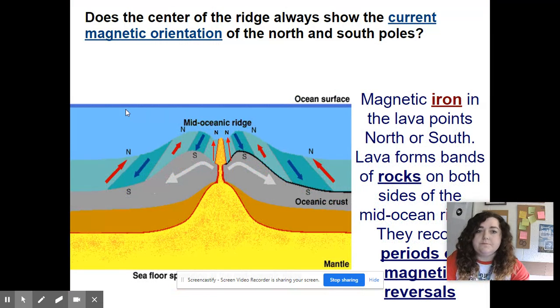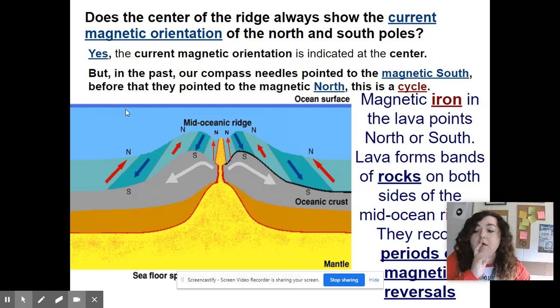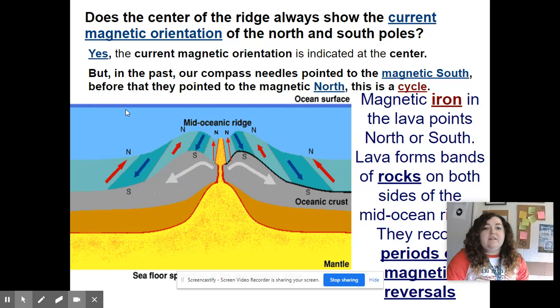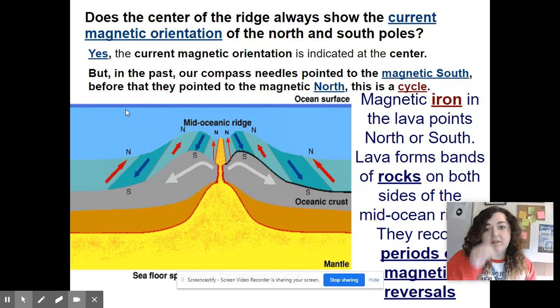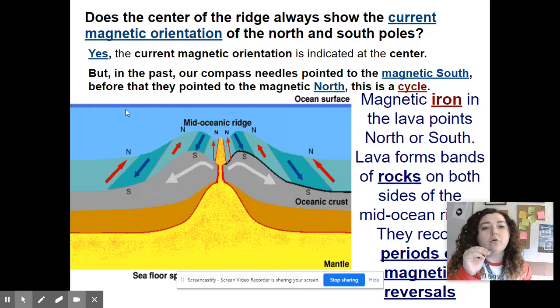All right, so does the center of the ridge always show the current magnetic orientation of the north and south poles? Yes. The current magnetic orientation is indicated at the center. This is because certain rock types, especially the rock that forms the oceanic crust, records magnetic orientation.